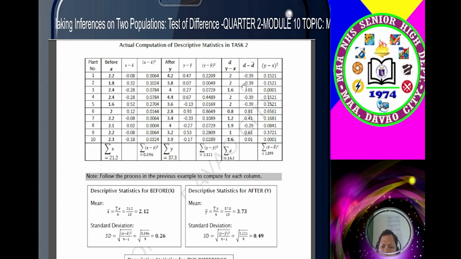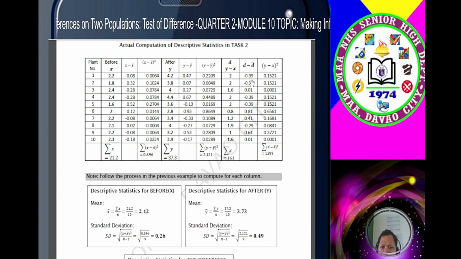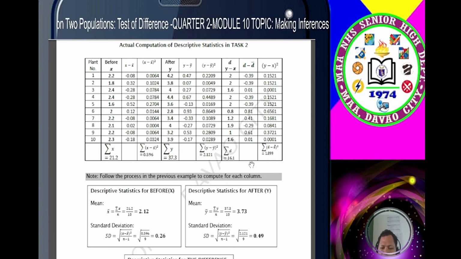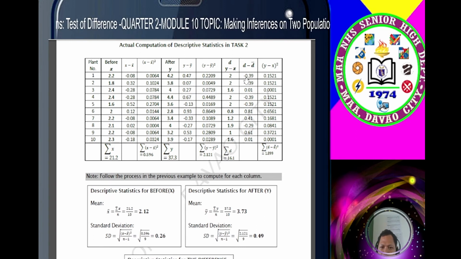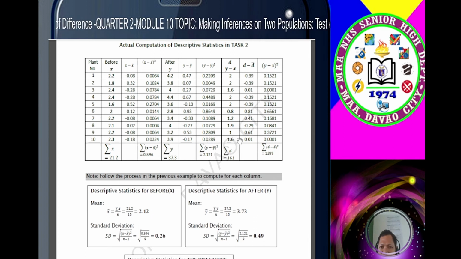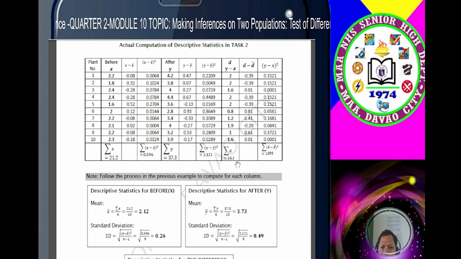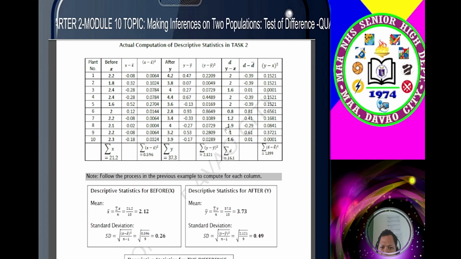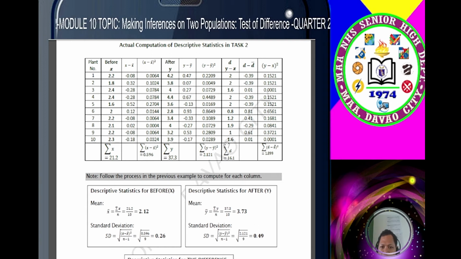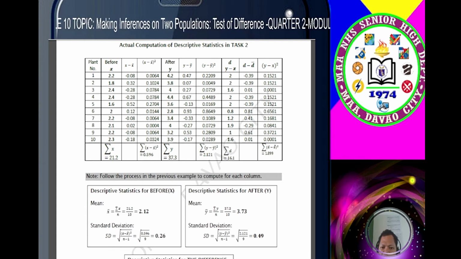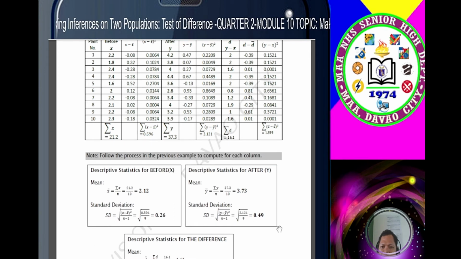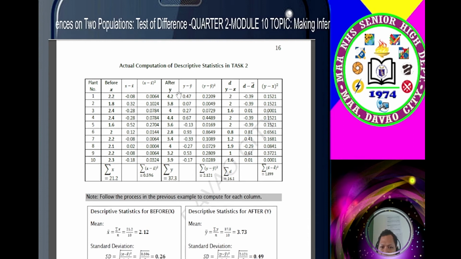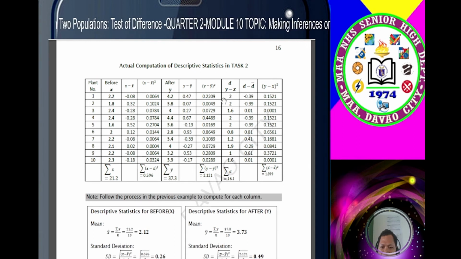After that, you get the mean of this deviation. Then the same procedure, subtract it from the mean difference of this column. So 2 minus the mean difference, which is 1.61. Look at this value. Same process as in our before and after.